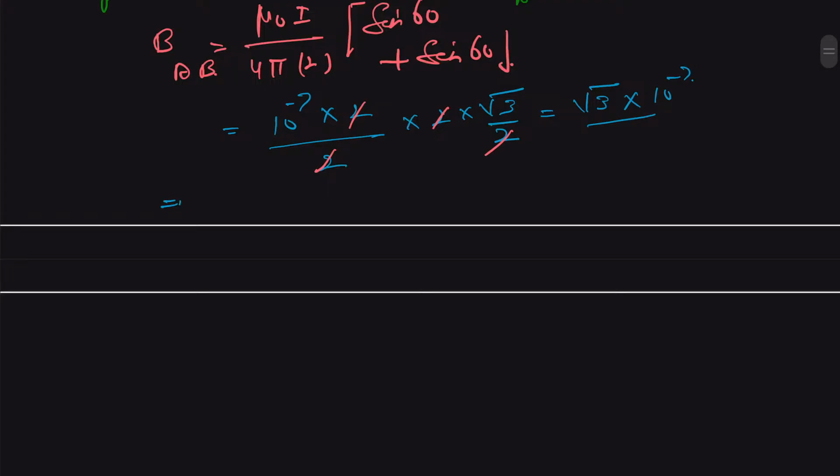So from here we can say the magnetic field because of AB will be equal to the magnetic field of BC will be equal to the magnetic field because of CA.